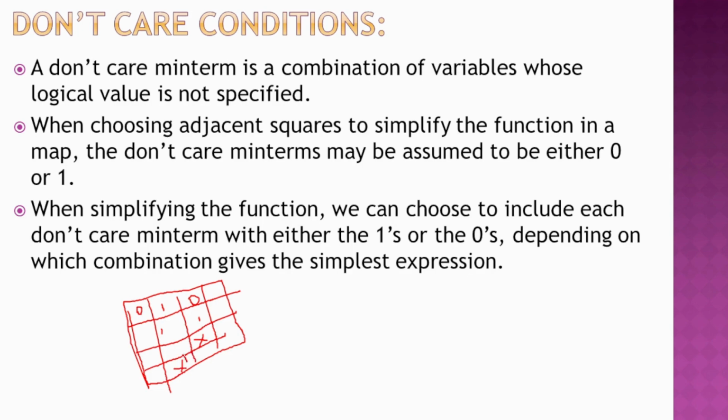So what is meant by this X condition in the K-map? This is called the don't care condition. It implies that in this particular cell, the value is either 1 or 0. We are not able to get the accurate value as output. So the value in this cell will be either 1 or 0, and you can't mention both values in that cell. That's why we mention it as X. So this is the don't care condition.